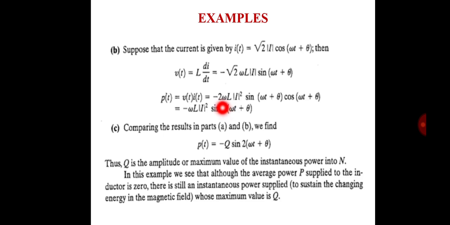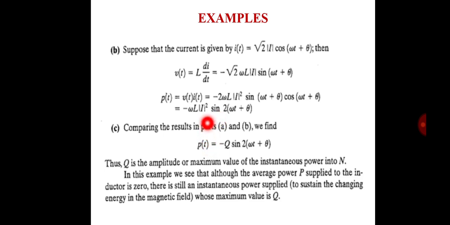Now 2 sin(omega t plus theta) into cos(omega t plus theta) is equal to sin 2(omega t plus theta). So the equation becomes minus omega L I square sin 2(omega t plus theta).